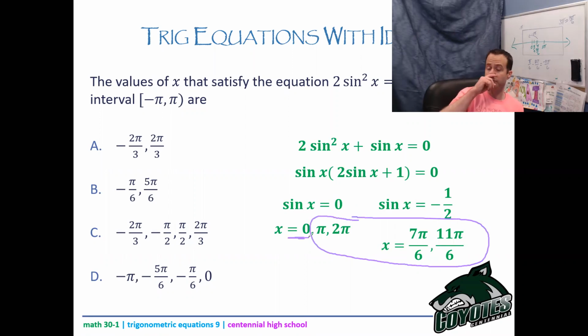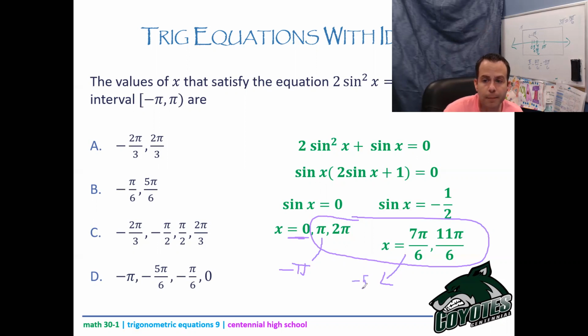But I can also look for coterminal angles. So if I subtract 2 pi from pi, I'll get negative pi. If I subtract 2 pi from 2 pi, I'll get 0, and I've already got that guy. If I subtract 2 pi, remember 2 pi is 12 pi over 6. So if I subtract 2 pi from 7 pi over 6, 7 minus 12 is negative 5.